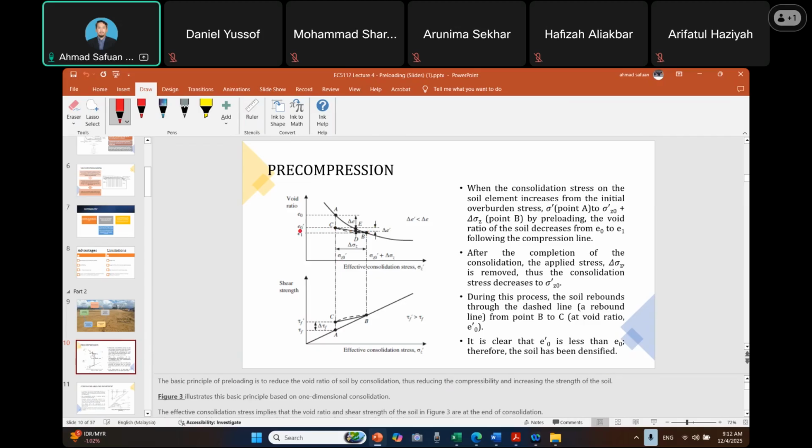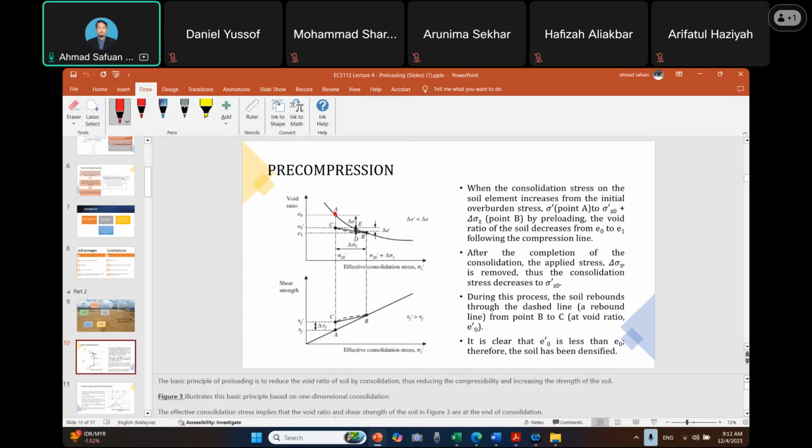It is clear that e0 prime is less than e0. So what we can understand is that the soil is densified because the void ratio has been reduced, although we have removed the surcharge. That is the concept or principle of preloading.